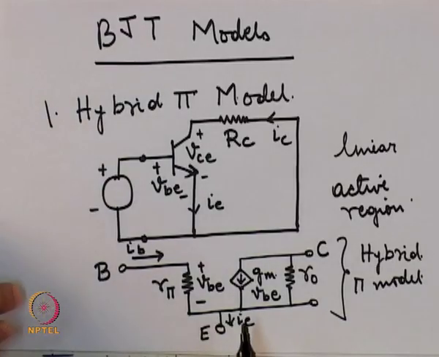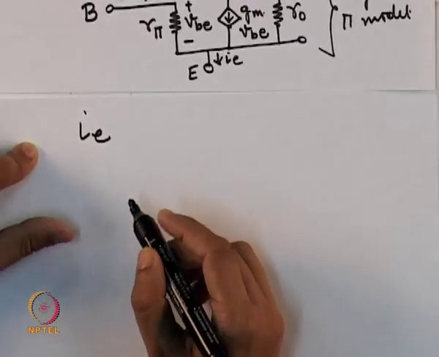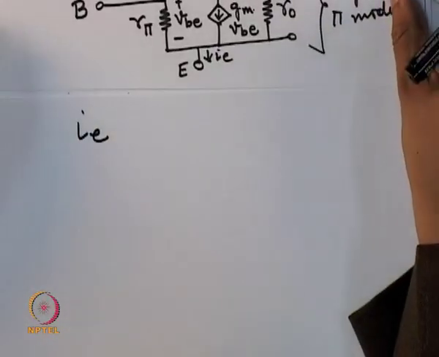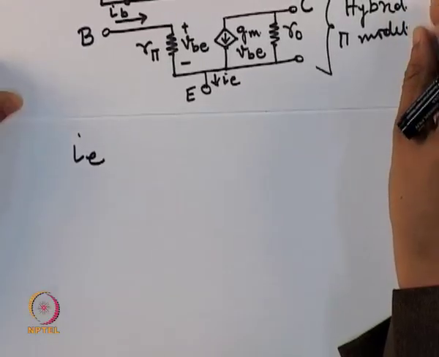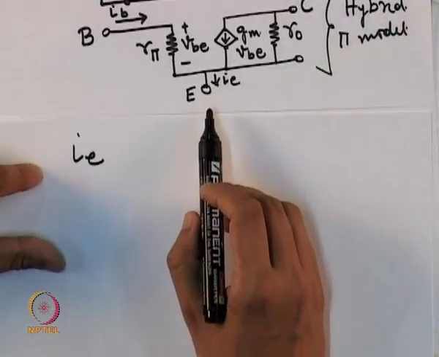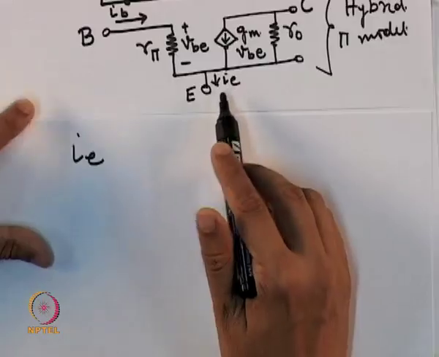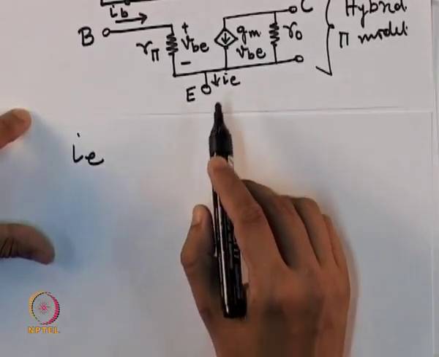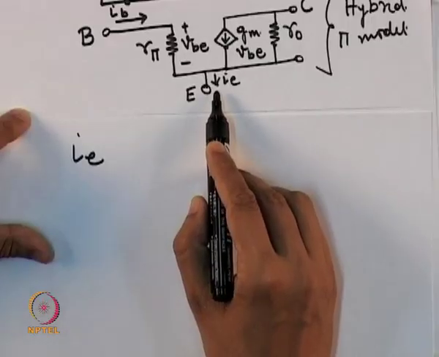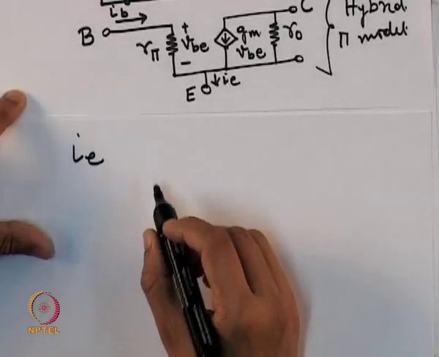Now, the important thing is, what are these parameters? To understand them, let us consider the currents and voltages as represented by this model. So, I have my emitter current I e. Note that this I e is the AC current, not the DC bias currents. This is the actual signal current that is present.